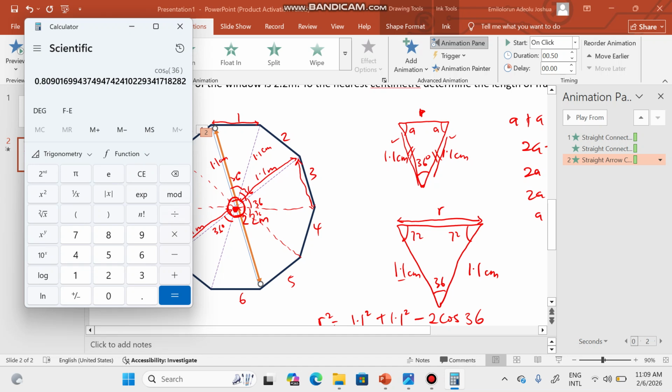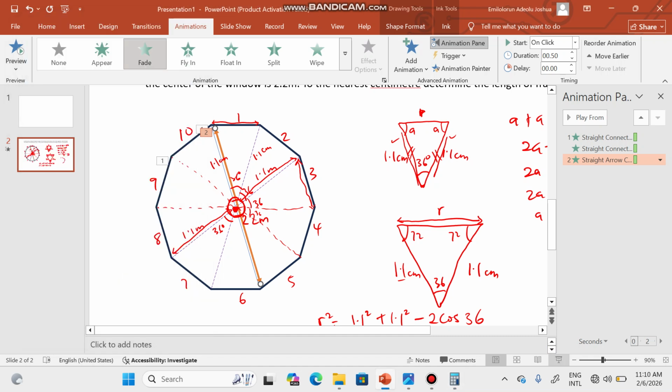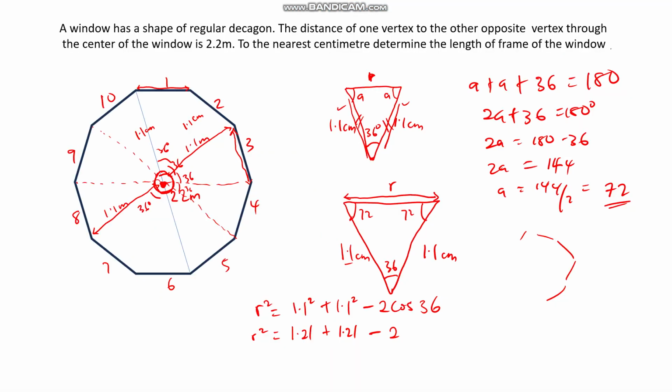Now multiply by 2. That is 1.618. So now everything here is 1.618, that's 2 multiplied by cos 36.